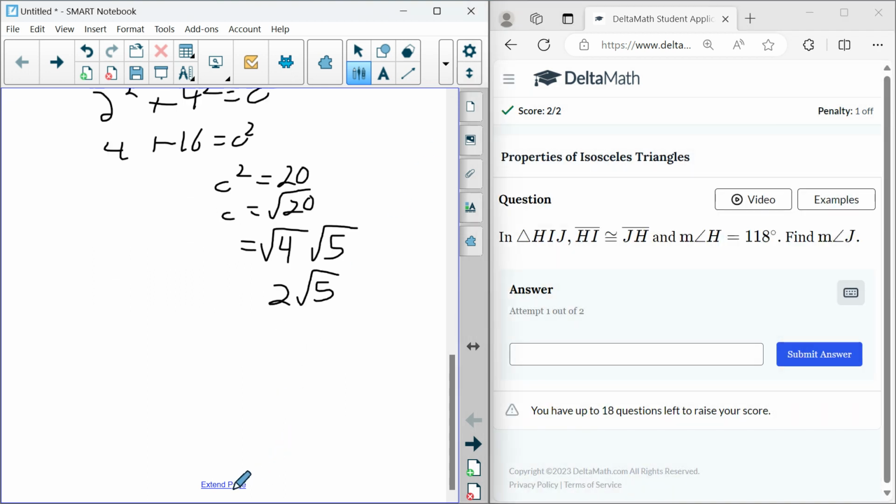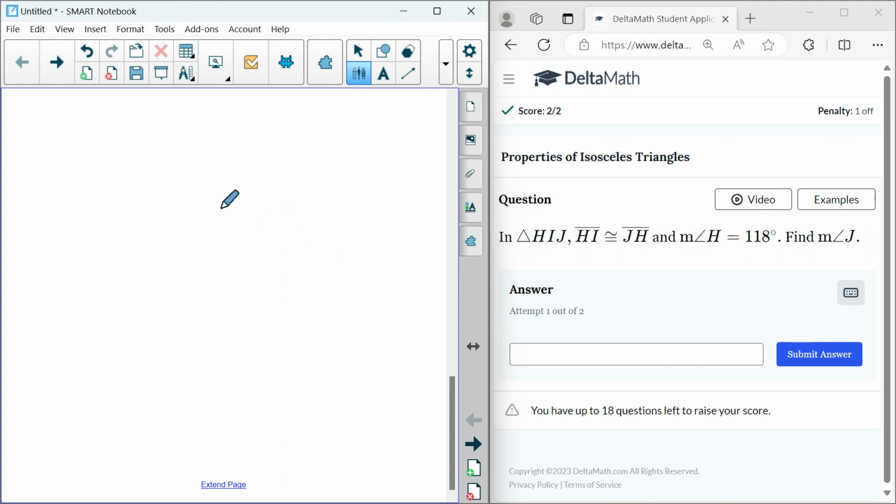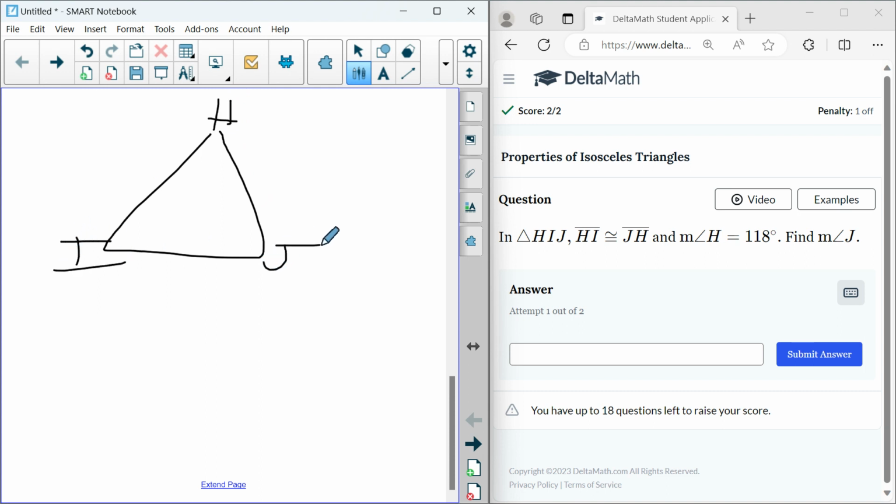For isosceles triangles, it helps to draw a picture. In triangle HIJ, we'll make this H, I, and J. They're saying H to I is the same as J to H, and they're saying angle H up at the top here is 118 degrees.